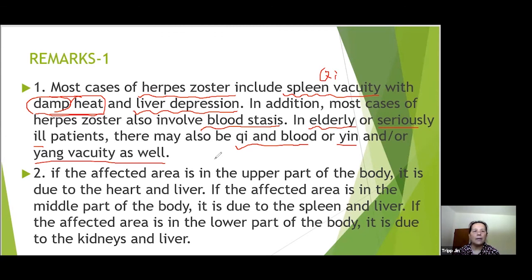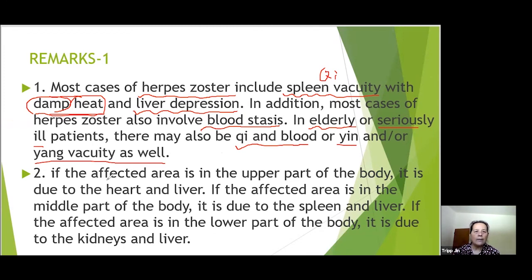So in our treatment plans, we need to think about the body's underlying conditions. We need to tonify, and at the same time, we relieve the pathogen. So we need to think about this illness as a combination pattern of excess and deficiency, and most people have a deficiency kind of condition.